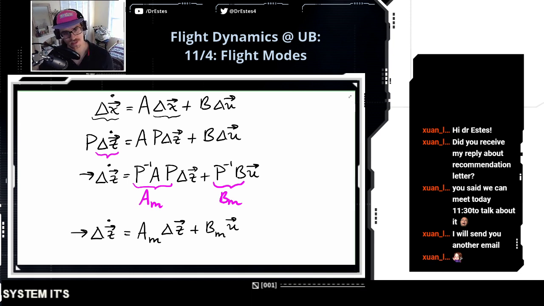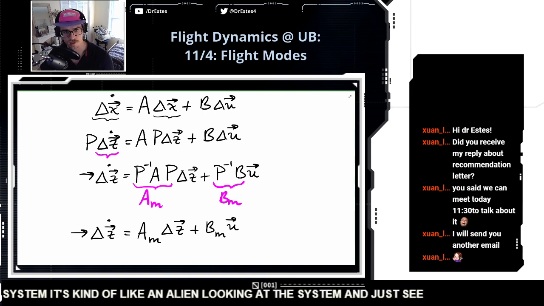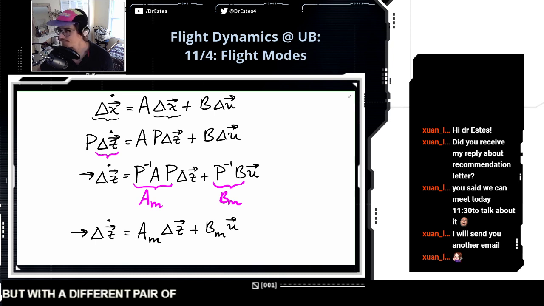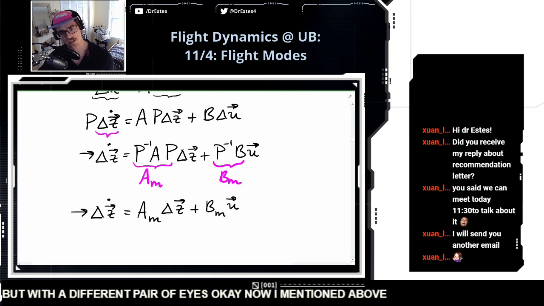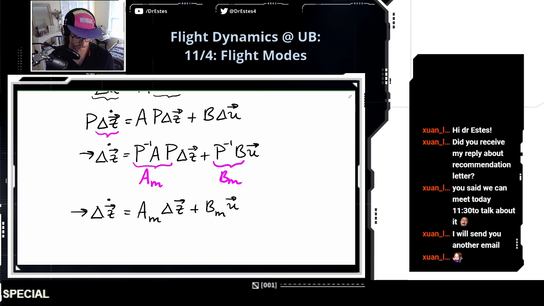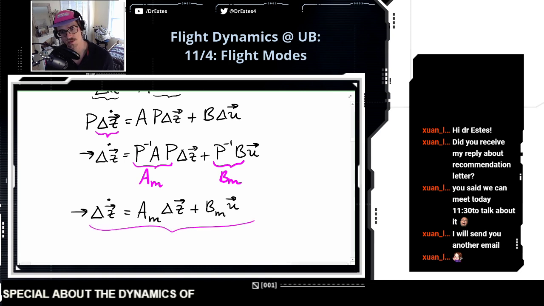It's kind of like an alien looking at the system and just seeing the same thing but with a different pair of eyes. Okay, now I mentioned above, there's something special about the dynamics of the system when it's viewed from the perspective of this modal space.